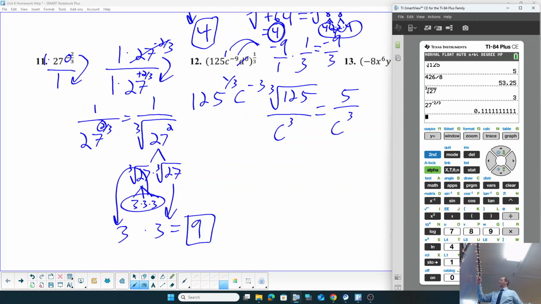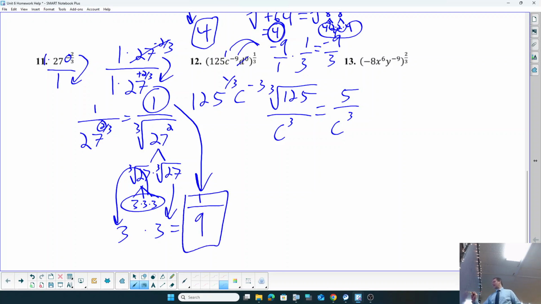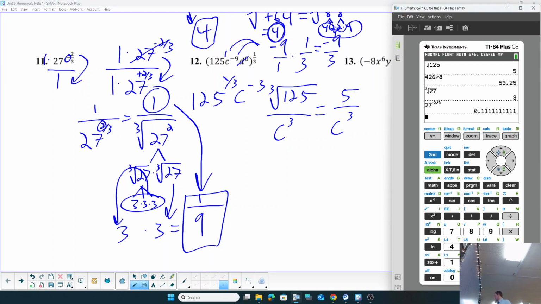Oh, because we forgot that there was an original 1 on the top to also bring down. And so we get 1 over 9. The answer is not 9, it's 1/9. Good thing we double checked with our calculator. So our answer is 1/9. Let's double check it. 1 divided by 9. Yep, that's it. 1/9 is our answer.